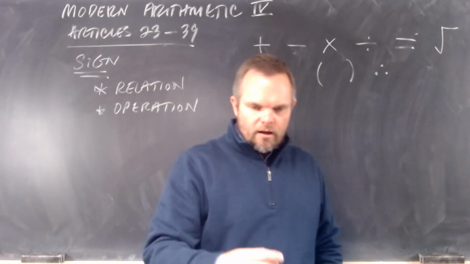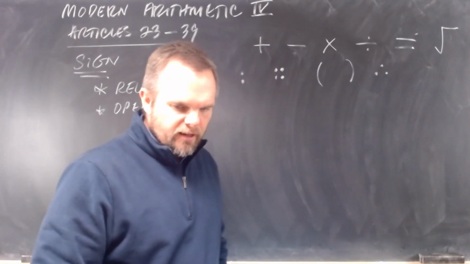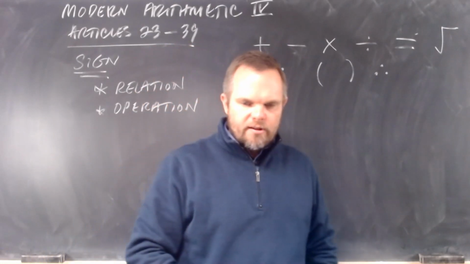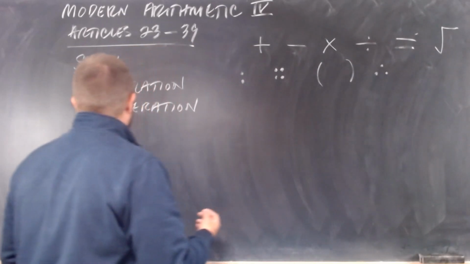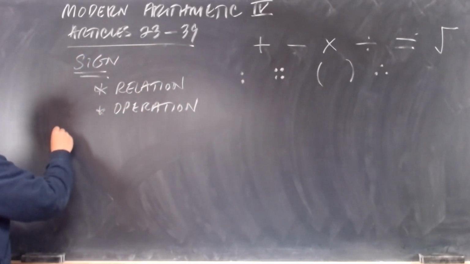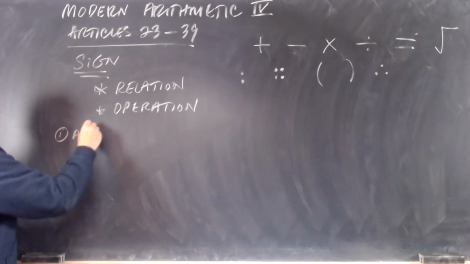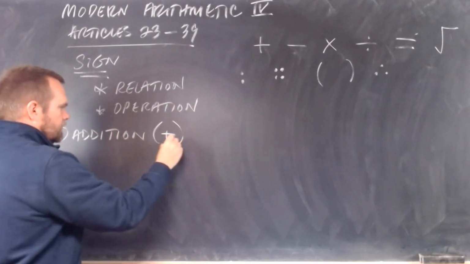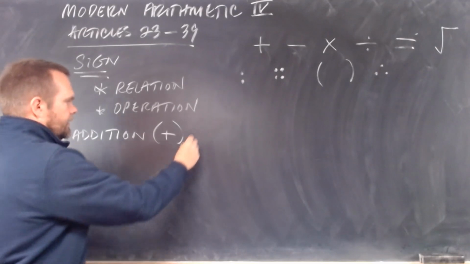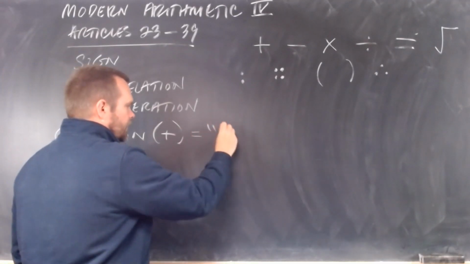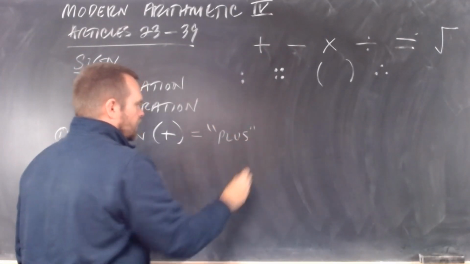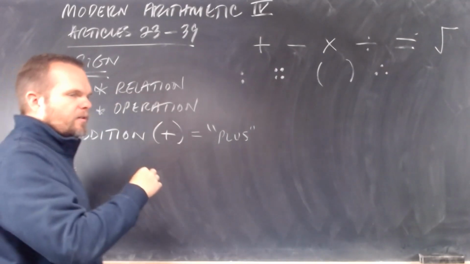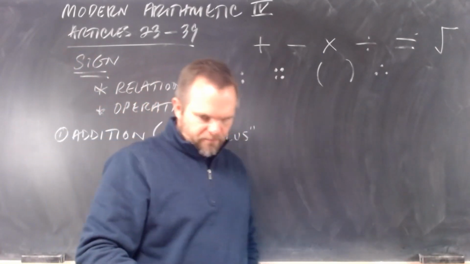Okay? Article 25, we start with the sign of addition. The first sign we learn is the sign of addition. The sign we know, the plus sign, and this sign is read, in other words, it's used to signify the idea or the word plus.